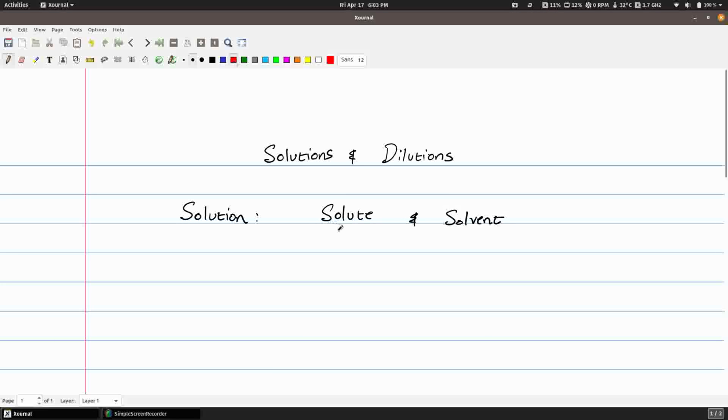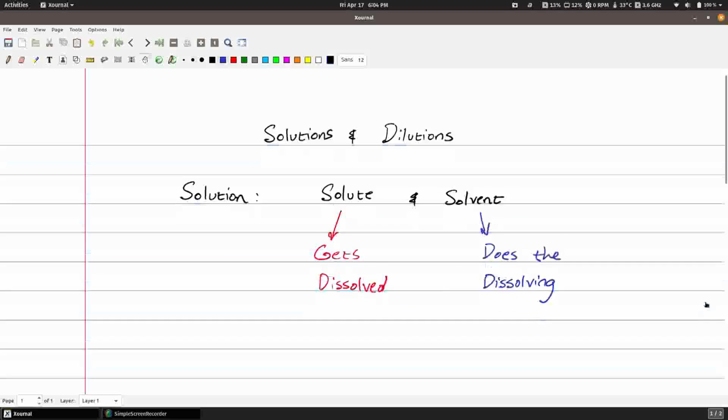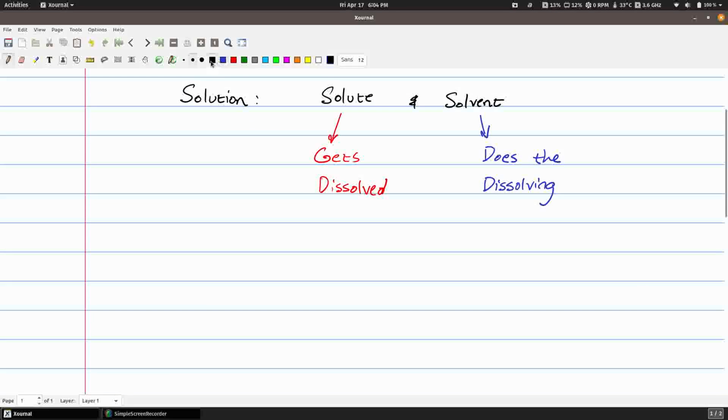A solute gets dissolved, and then a solvent does the dissolving. Alright. So something you need to know. So expressing, and this is super, super important for chemistry.